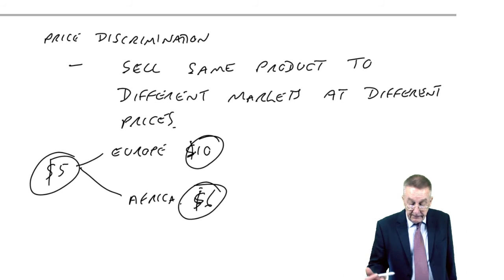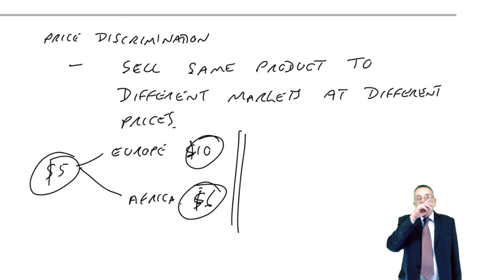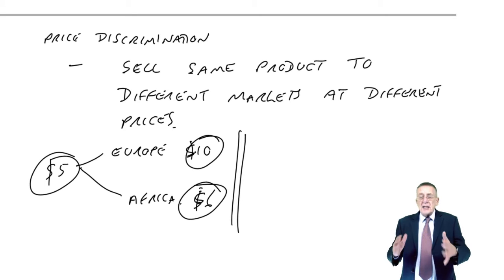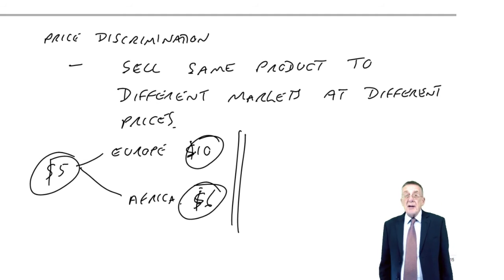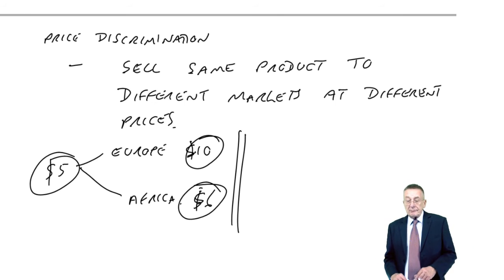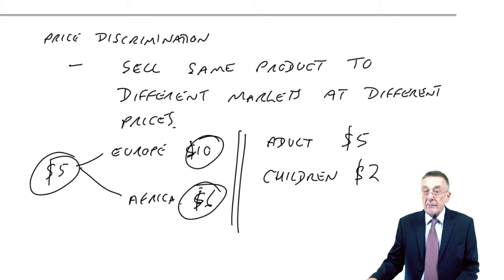I'll give you just one more example, completely different. Think about ticket prices on the buses. Don't know about your country, but in most countries, children are cheaper. You know, maybe adults, maybe the ticket price is $5, maybe for children, it's $2.